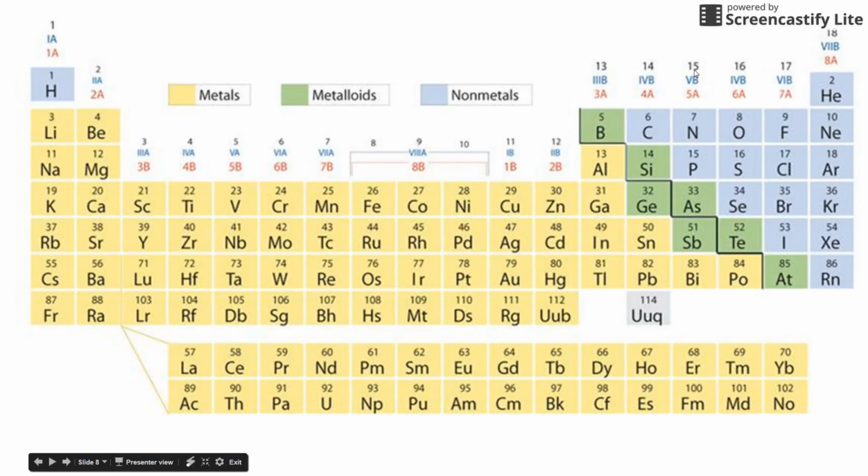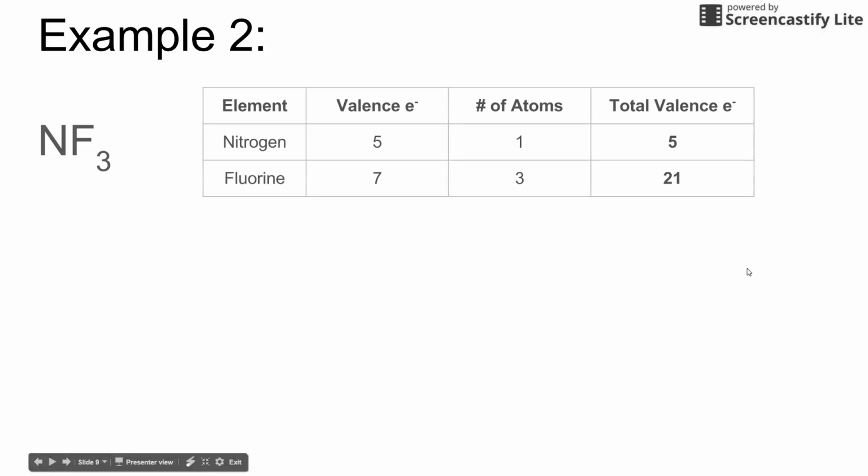Okay, example number 2. This compound has 1 nitrogen and 3 fluorines. So you have to locate them on the periodic table. Nitrogen has 5 valence electrons. Fluorine has 7 valence electrons because it's in group 7. Then you do an element inventory with respect to the valence electrons that you got from the periodic table.